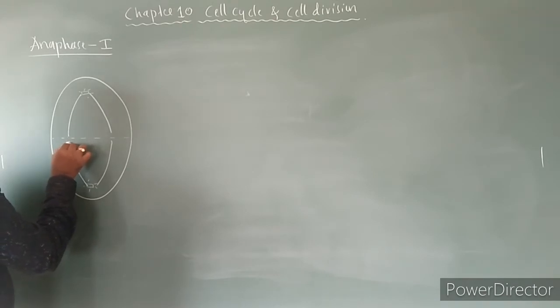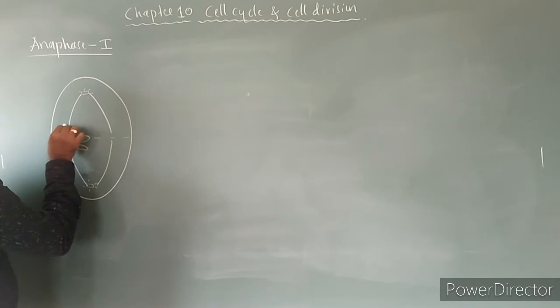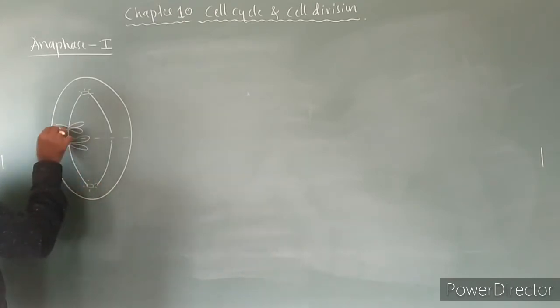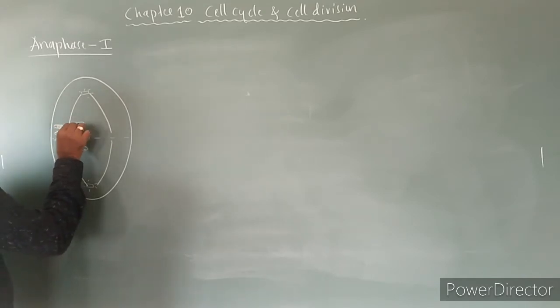See here, only one set of chromosomes I am considering over here. This is one chromosome. This is another chromosome. And this chromosome is completely shaded.